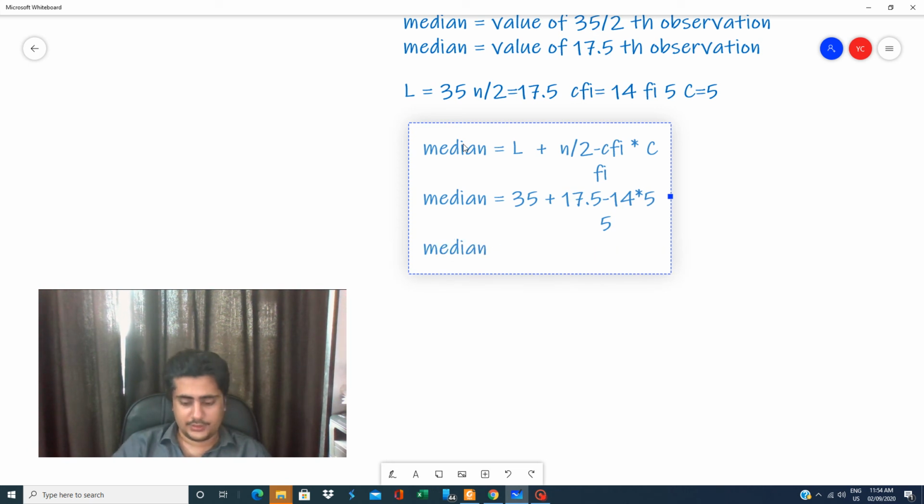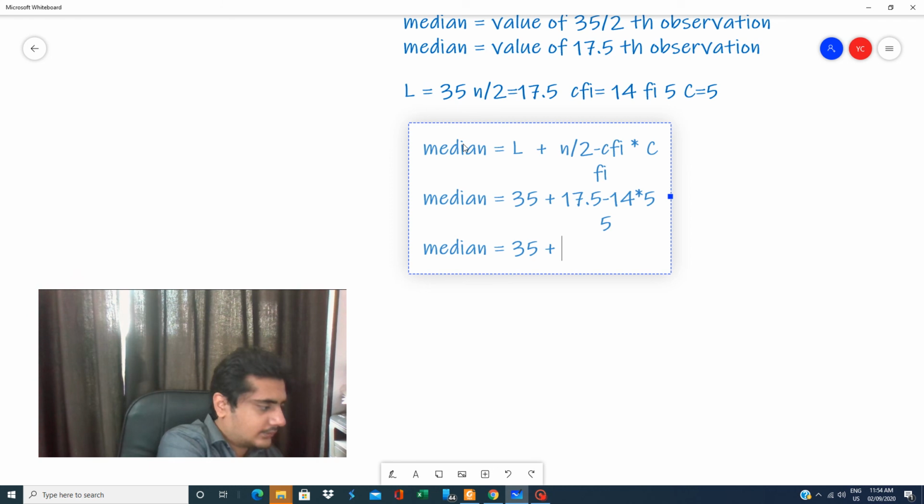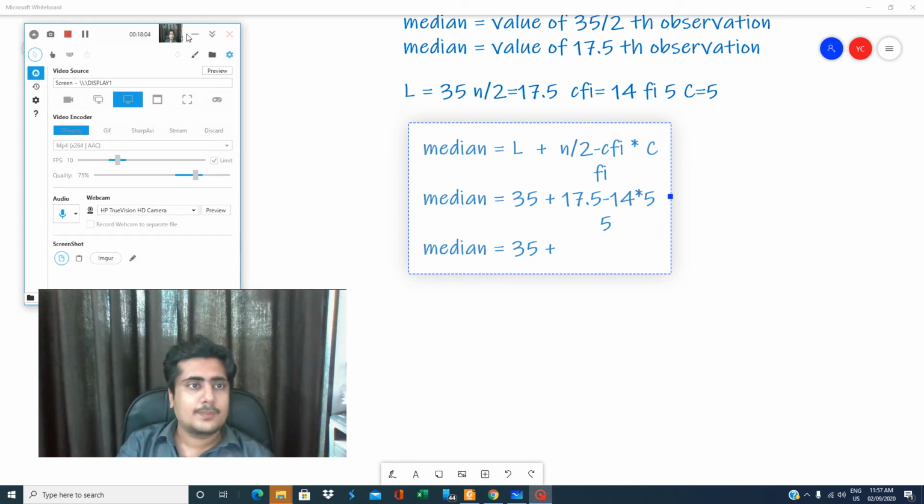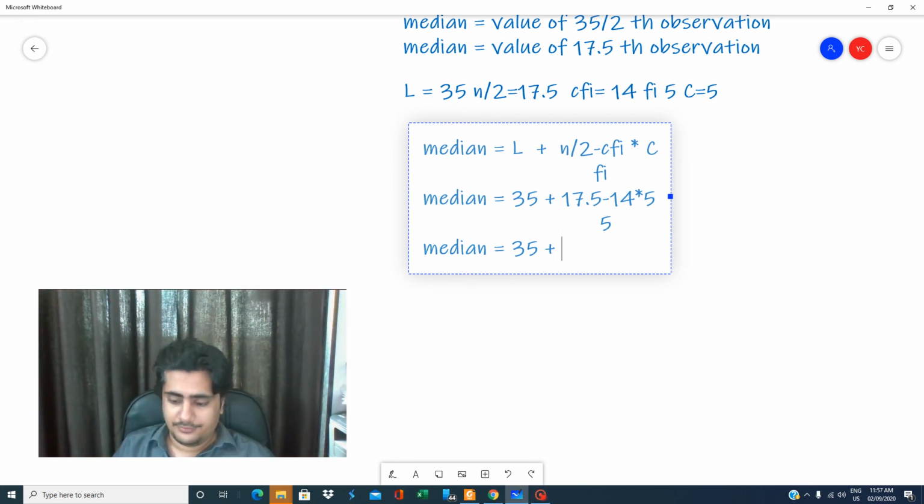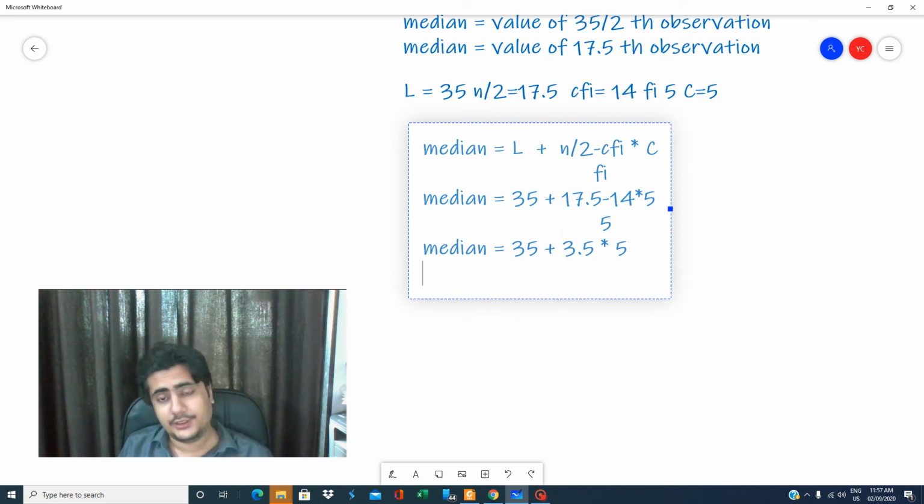Median is equal to 35 plus 3.5 into 5 upon 5.